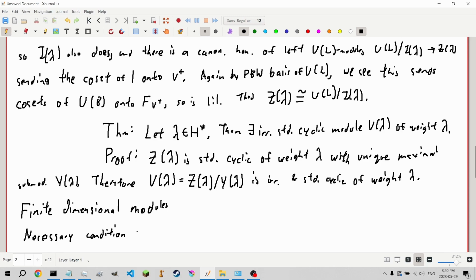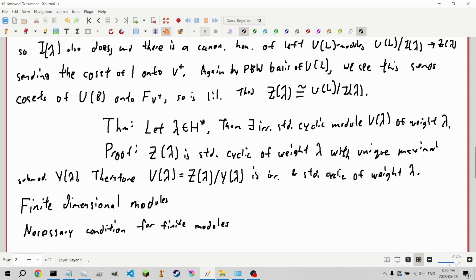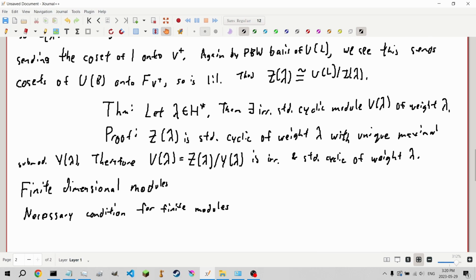Necessary condition for finite modules. Suppose V is a finite dimensional irreducible L module.